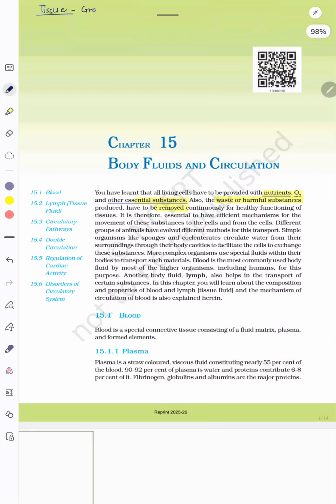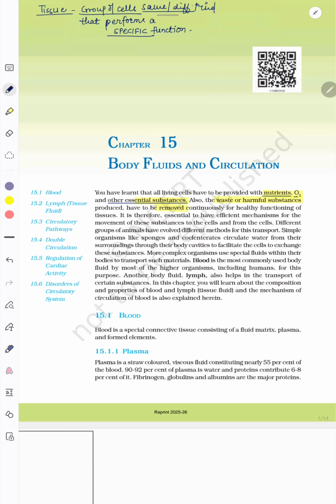Tissue is a group of cells which can be of same or different kind that performs a specific function, right?